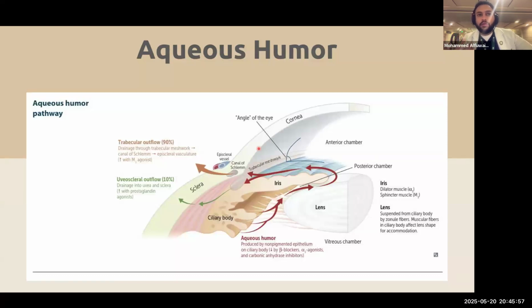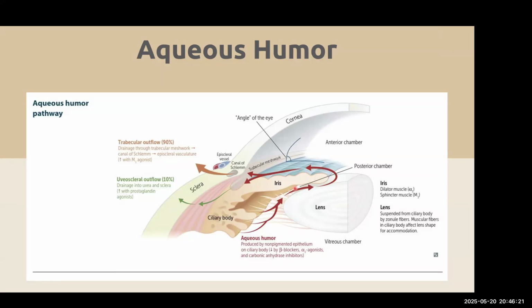Now, how do you want to treat glaucoma? Simple. You treat it by either increasing the outflow or decreasing the synthesis of aqueous humor. Done. How do you want to diagnose it? What is the diagnostic modality to check for pressure inside the anterior and posterior chamber? How do we check the pressure? It's a device.